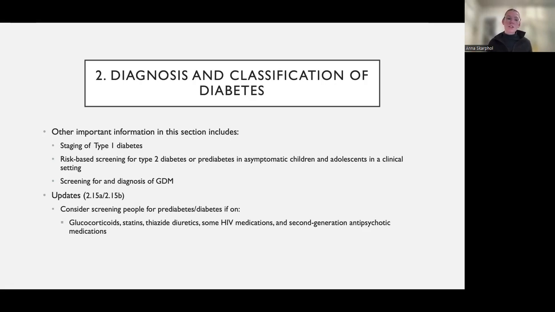And so medications they bring up in the guidelines are glucocorticoids, statins, thiazide diuretics, HIV medications, and second generation antipsychotic medications. And so if you happen to have a patient who's maybe started on one of these or has been on it for some time, it might be a great recommendation to ask if they've been screened for diabetes at their primary care visits.